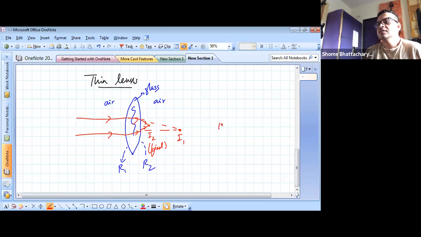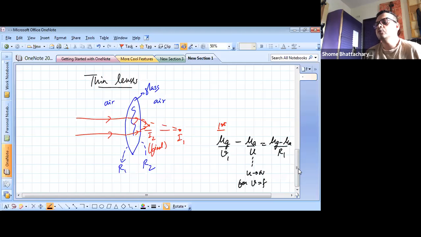For the first refraction, we had the formula: refractive index of glass divided by V1, minus refractive index of air divided by U, which will be infinity, is equal to (refractive index of glass minus refractive index of air) divided by R1.